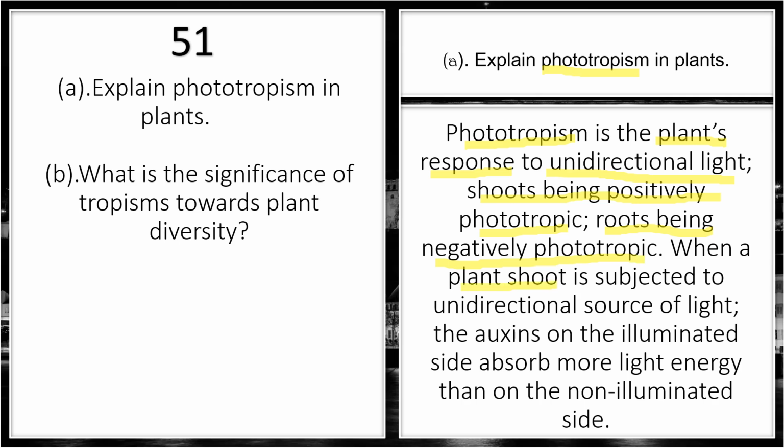When a plant shoot is subjected to a unidirectional source of light, the auxins on the illuminated side absorb more light energy than on the non-illuminated side.